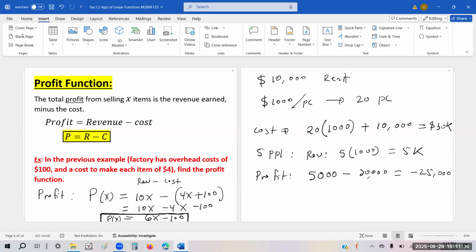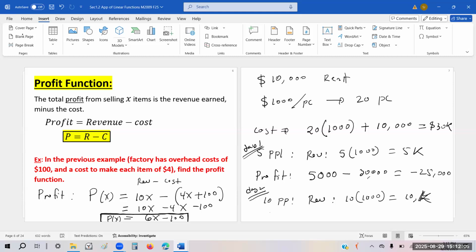So next day, let's say 10 people came and you sold 10 PCs. So this is day one, and now day 2 came. You sold 10 laptops. So for day 2, what is the revenue? 10 times 1,000. So 10K, 10,000.